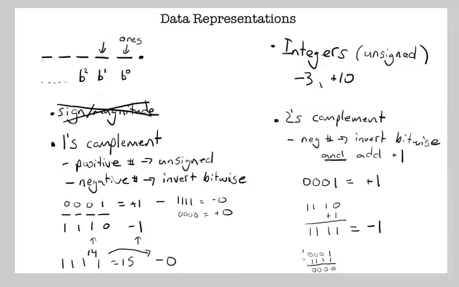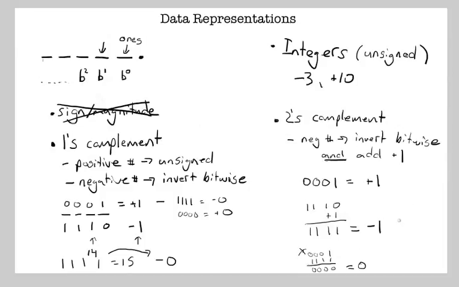We don't have a 5th bit. In fact, twos complement takes advantage of that wraparound explicitly, and it just drops off that last digit. It does not allocate a new bit for it. It just lets it fall on the floor, and you end up with all zeros. So here we added positive 1 and negative 1, and we ended up with a number which is clearly 0, just like it should be.